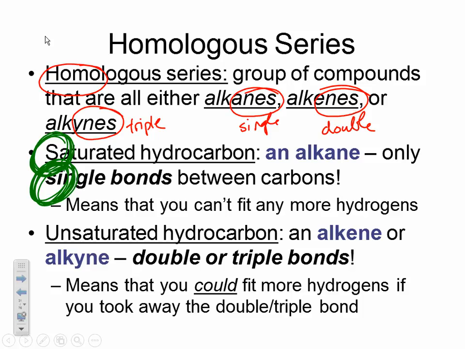An unsaturated fat contains at least one double or at least one triple bond in it, meaning it does not have the maximum amount of hydrogens. So when you hear saturated versus unsaturated fat, that's referring to the amount of hydrogens attached to the hydrocarbon portion of the fat molecule. So saturated means single bonds, that's the really important part of these terms.